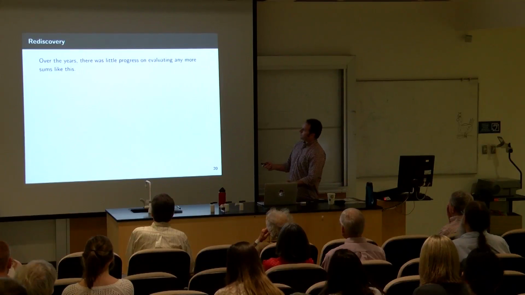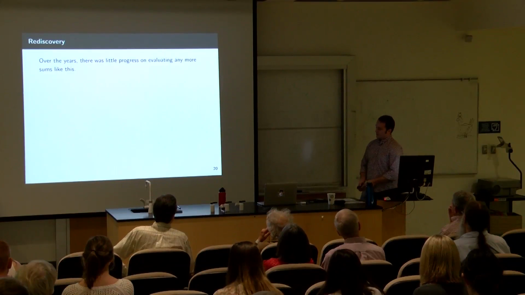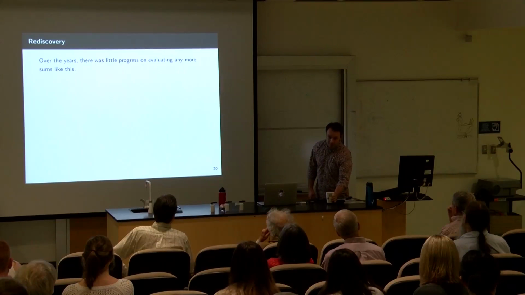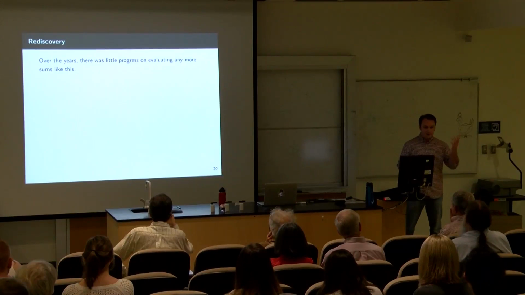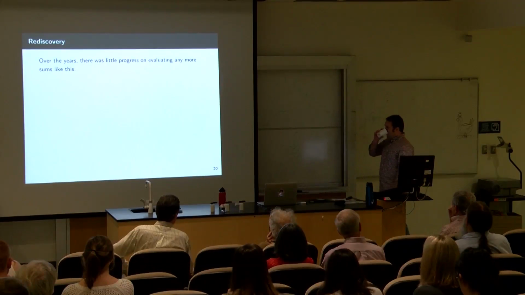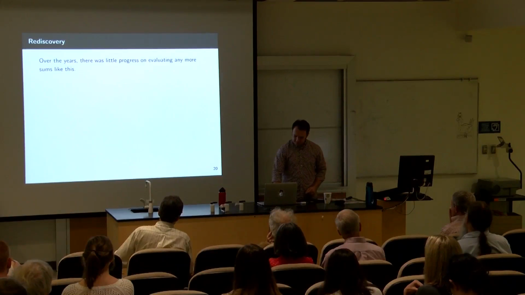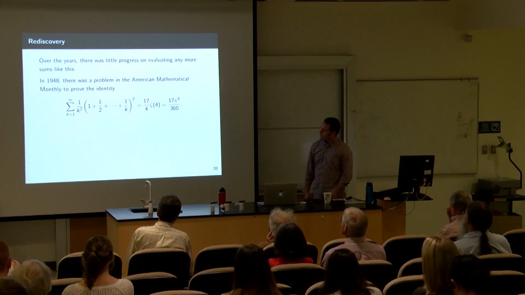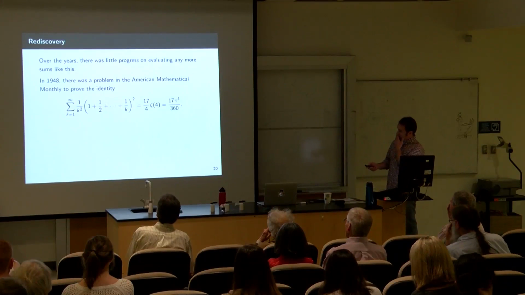So there wasn't much progress on finding more examples of this over the years. Maybe people weren't interested. Maybe they just didn't know about it because the only example was in this letter. There wasn't very much that was done until 1948, when a problem was posed in the American Mathematical Monthly to prove this identity.